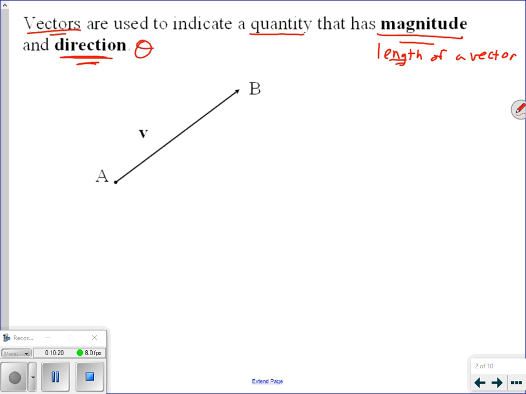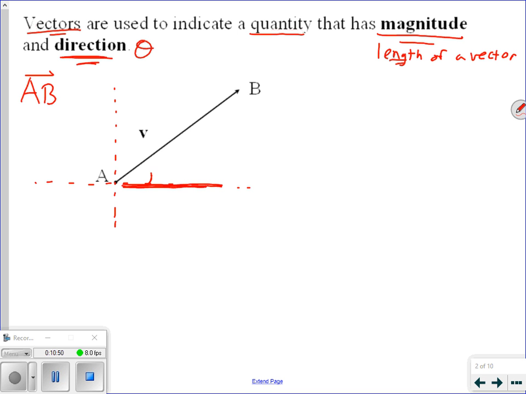So for instance, right here, here's a vector given to us, vector AB. How we can notate that, we would use notation AB, and we put a little line above it. So let's say for instance, we have this vector, I'm going to draw a little coordinate plane here. The angle measurement always comes from what we call the initial side right here, which is the positive x-axis.